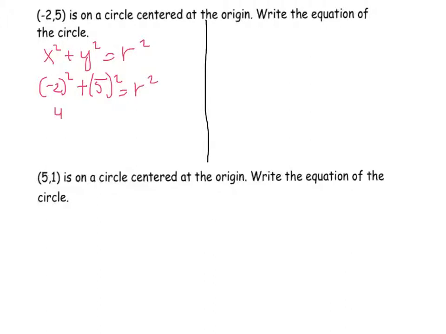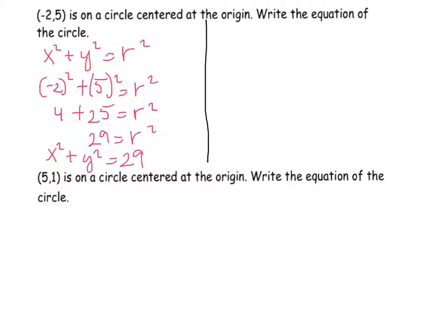Negative 2 squared is 4 and 5 squared is 25. So the radius squared is going to equal 29. Now I can write the equation of the circle, which is x squared plus y squared equals 29.